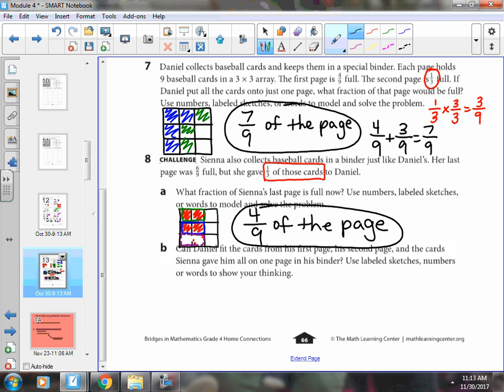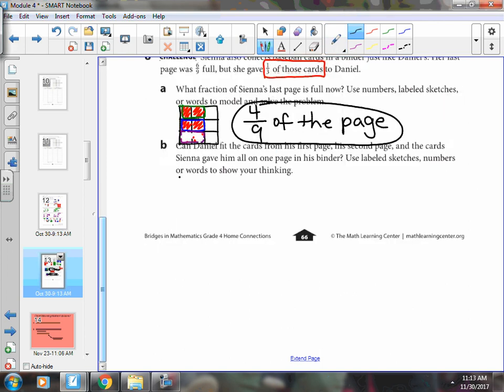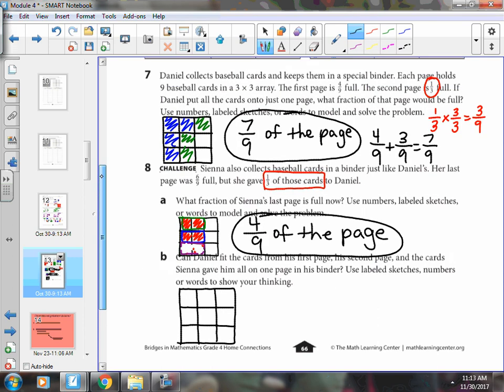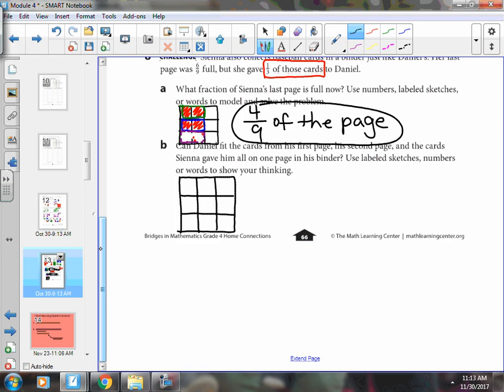Okay, letter B. Can Daniel fit cards from his first page, his second page, and the cards Sienna gave him all on one page of his binder? So again, I'm going to use a picture to help me out, and I'm going to draw a page. Daniel's first page, if I look up at number 7, was 4/9. So I'm going to shade in 4/9.